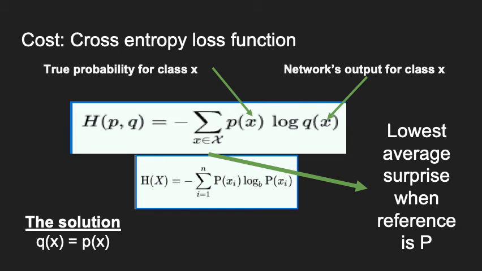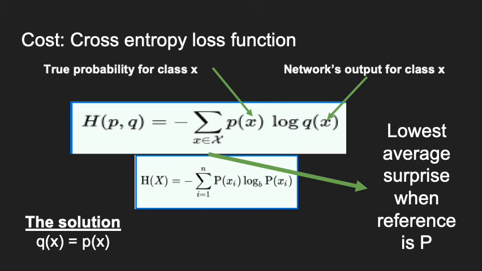We just replace log p of x by log q of x, with q being the distribution of the outputs of the model. You can see it's very similar in shape to the simple entropy. And the nice thing is that the cross-entropy is lowest when q of x and p of x are the same distribution.